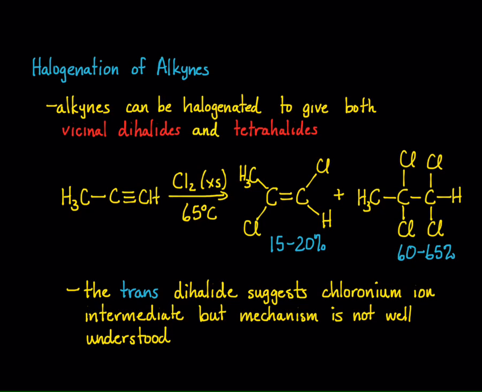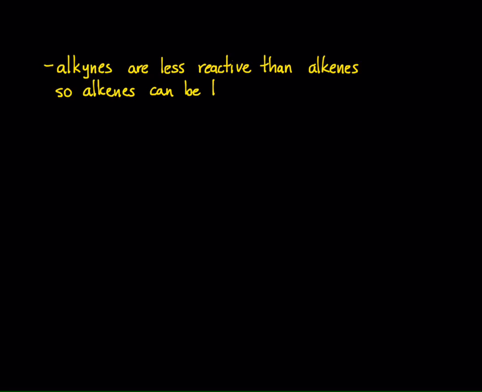And so it's actually a little bit more difficult than the addition of a halogen to an alkene. The other thing is, because of that geometry, alkynes are much less reactive than alkenes when it comes to halogenation. So alkenes can be halogenated in the presence of alkynes.